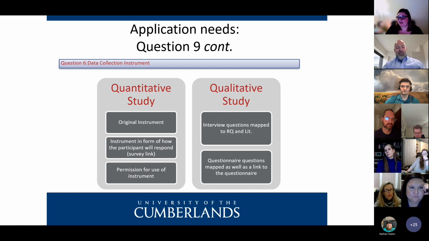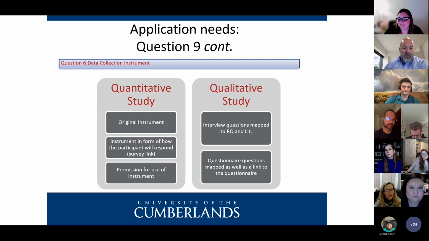I'm sure your chairs are going through that already, but we just ask to keep it on file. And then the questionnaire questions, if needed, should be in the link that you provided us with. Any questions about the data collection instrument or permissions or anything that's needed there?